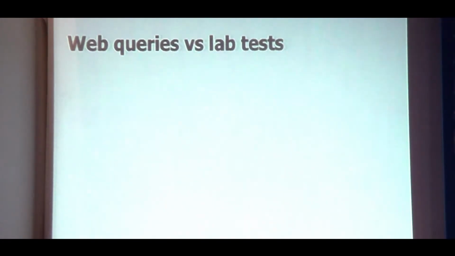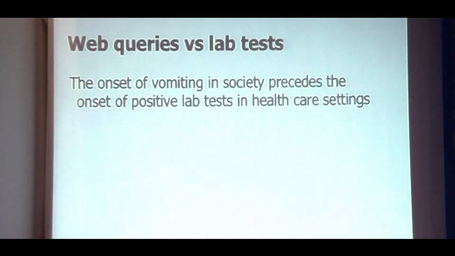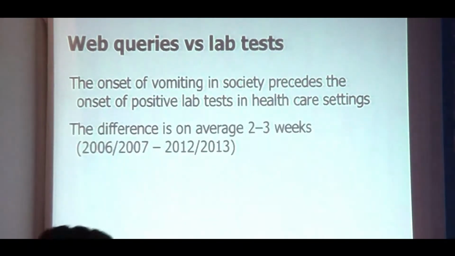No one in society is normally sampled for norovirus, but in a healthcare situation, if someone shows typical symptoms, then he or she must be isolated if it's norovirus. So the difference of the 7 seasons that we investigated in 2013 was on average 2 to 3 weeks. So this shift in the curves that we could see.